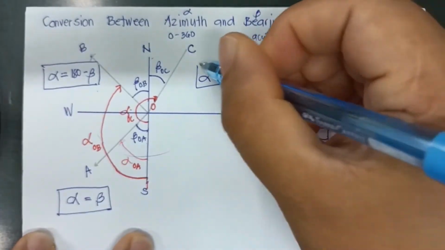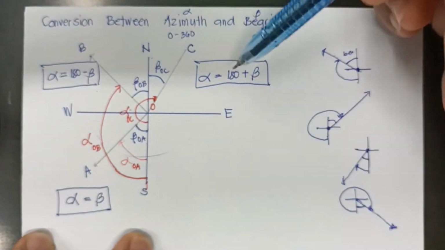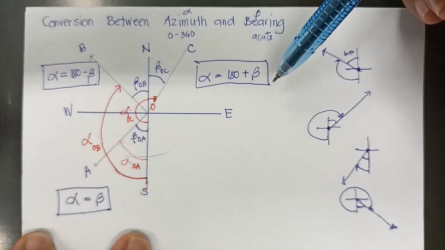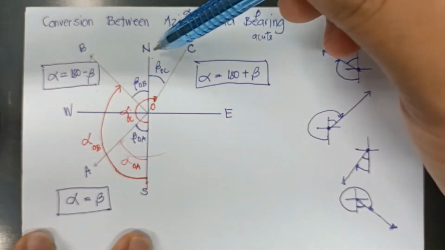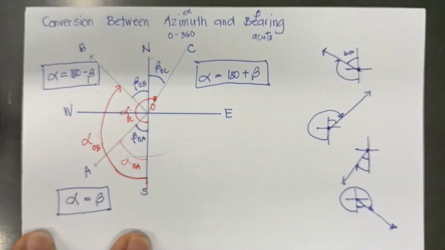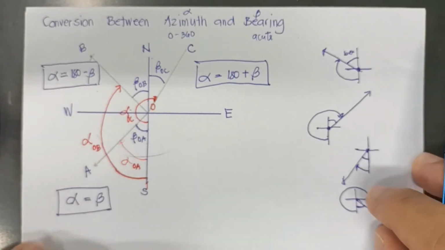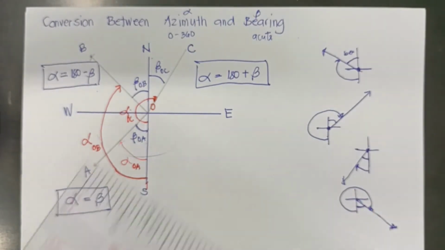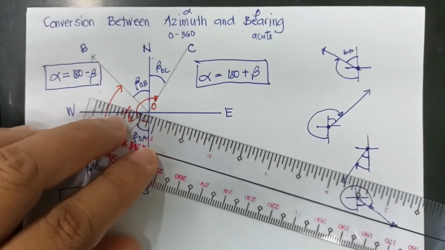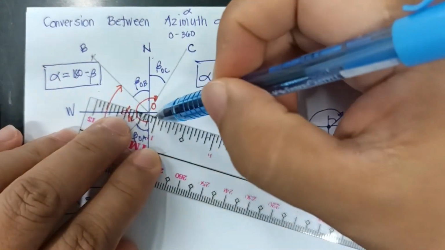That is the formula for solving the azimuth if you are given a bearing in the northeast quadrant.